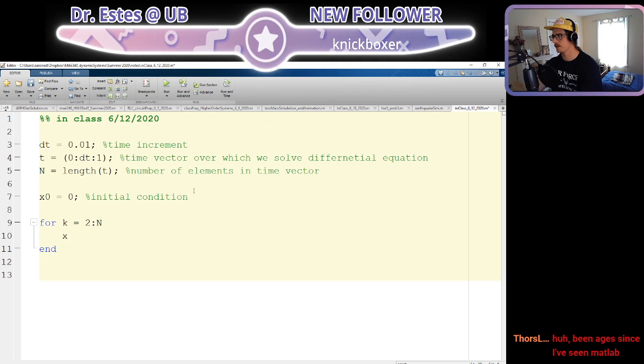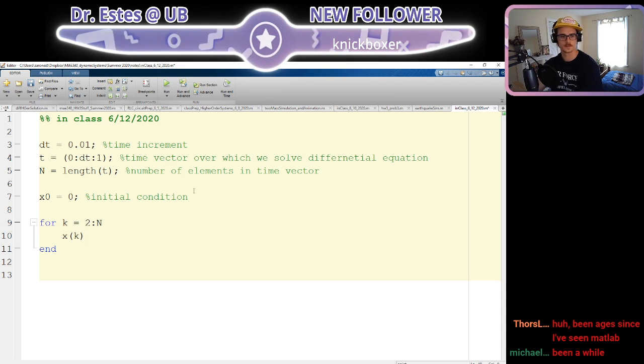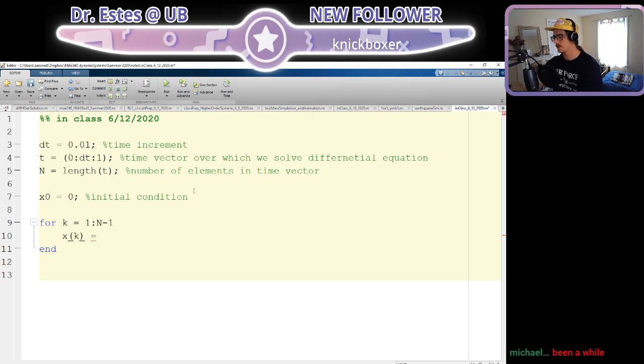So this is how I'm going to do Euler forward for this equation. This is what Euler forward does.